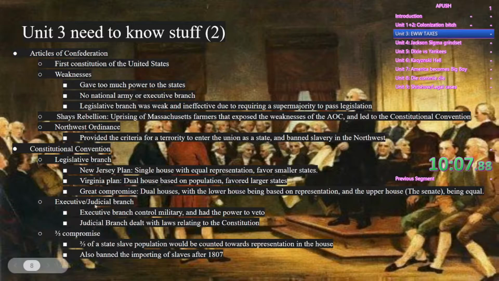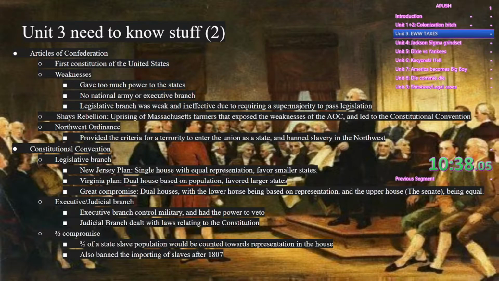You also have the executive and judicial branches. The executive branch controlled the military and had the power to veto, and the judicial branch dealt with legal cases relating to the Constitution. All three branches had checks and balances on each other to prevent one branch from becoming too powerful.